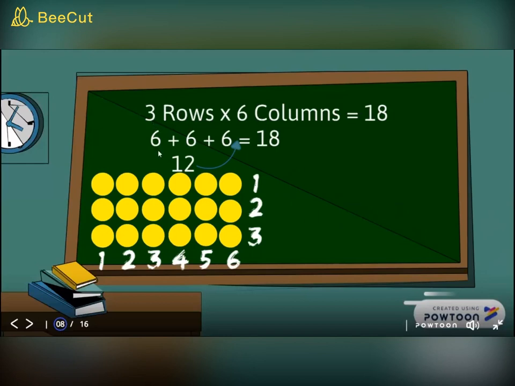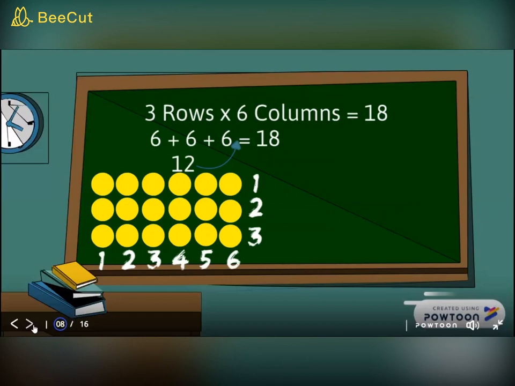I have 3 groups of 6. 6 plus 6, this is doubles. 6 plus 6 equals 12. 12 plus this lonely 6. 12 plus 6 equals 18. So 3 times 6 also equals 18.